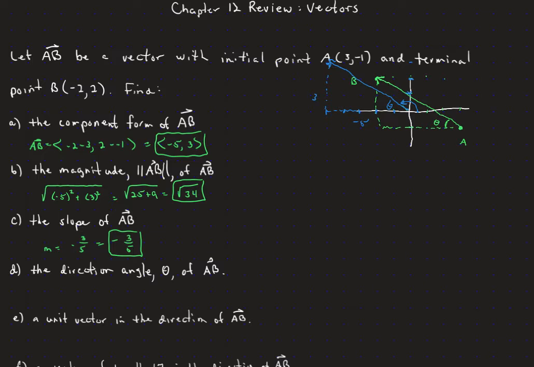If we can do an inverse tangent, we also know that the hypotenuse, the magnitude of the vector, is the square root of 34. And we're really going to have to do some interpretation anyway. So if we go, for example, the inverse tangent of our y over x, -3/5. I'm going to grab my calculator and make sure that I am in degree mode, which I'm not.